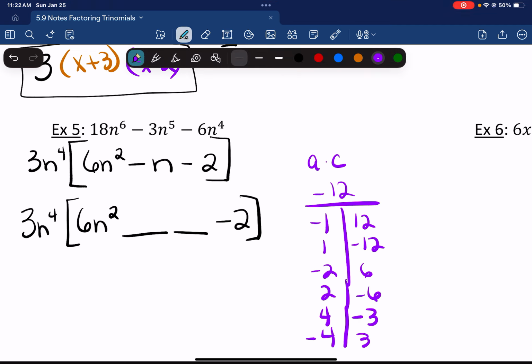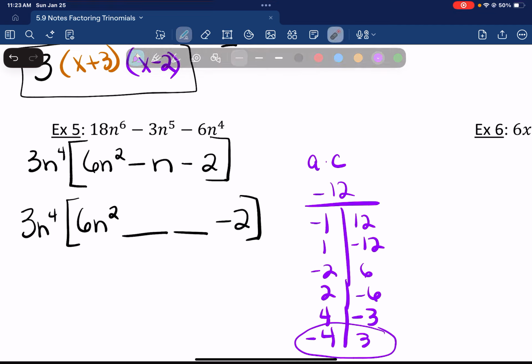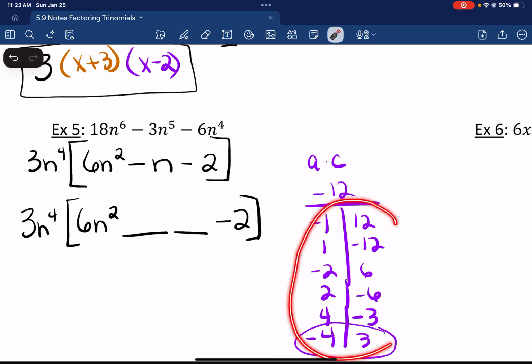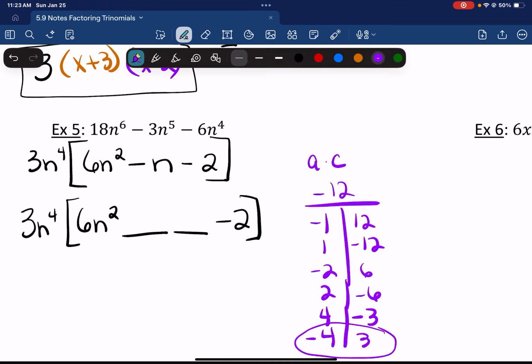So I'll go ahead and use this pair right here. And if you pay attention and you keep in mind what your b value needs to be, you don't always have to list out all of these factors. If you're good with your multiplication facts, it's a lot faster to factor this way. So we've got this negative 4 and our positive 3, so minus 4n plus 3n.